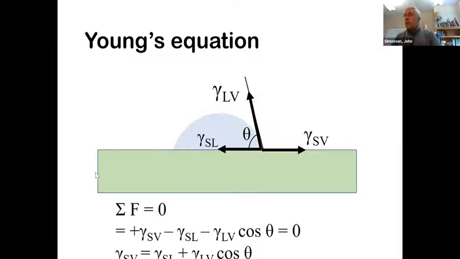That is Young's equation. I think it's the same Young that does Young's modulus. That's a derivation that is easy to follow, but it's not correct. The reason it's not correct is these are not forces, these are energies, these are surface energies. That's the difference, but it's a good way to visualize it, okay?